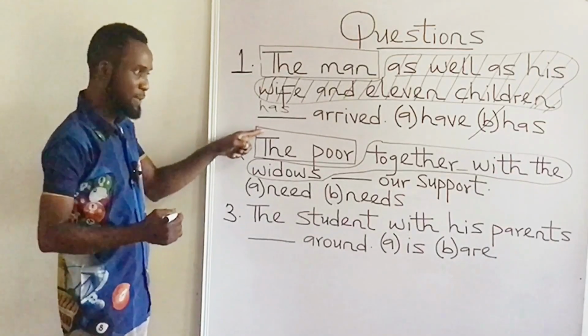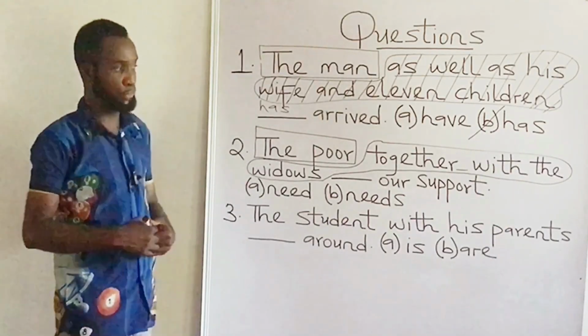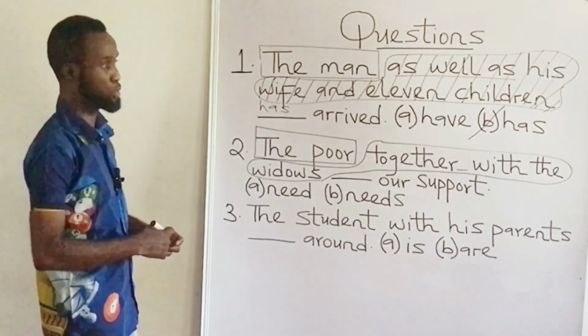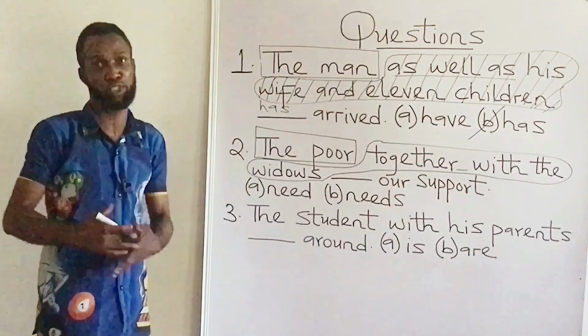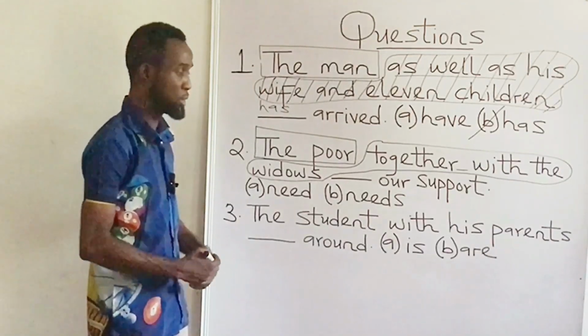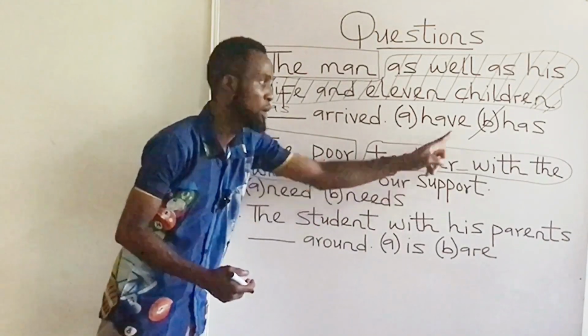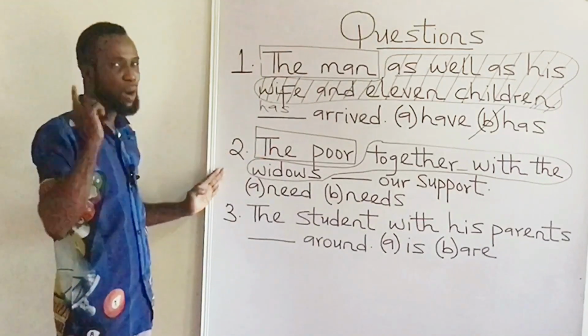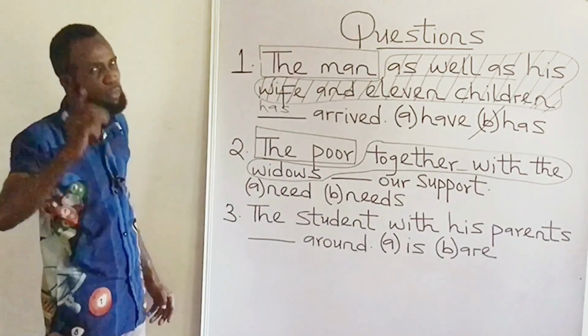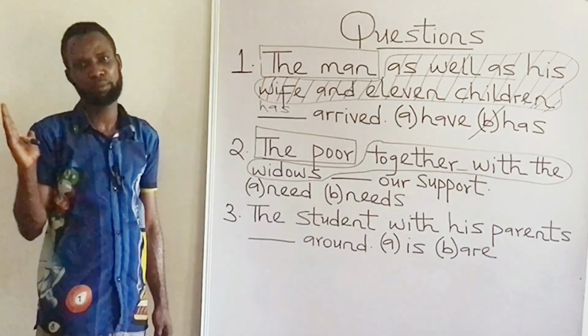You have a subject accompanied by a prepositional phrase, and the prepositional phrase starts with together with. So this is Accompaniment Concord. It is an Accompaniment Concord question.